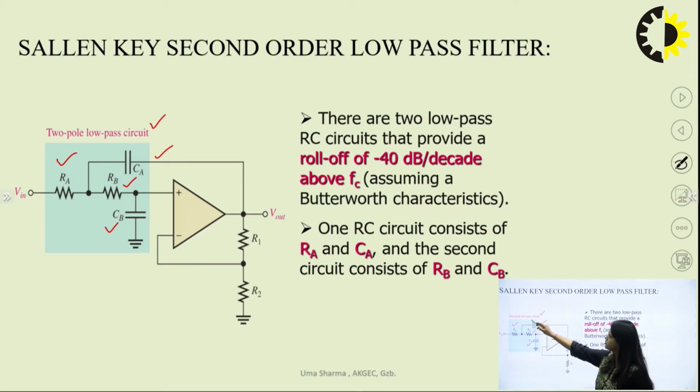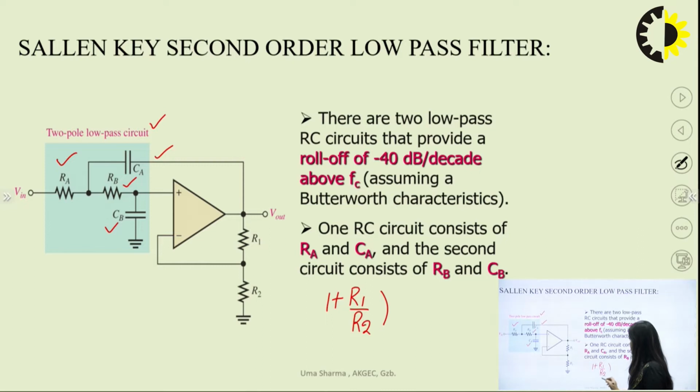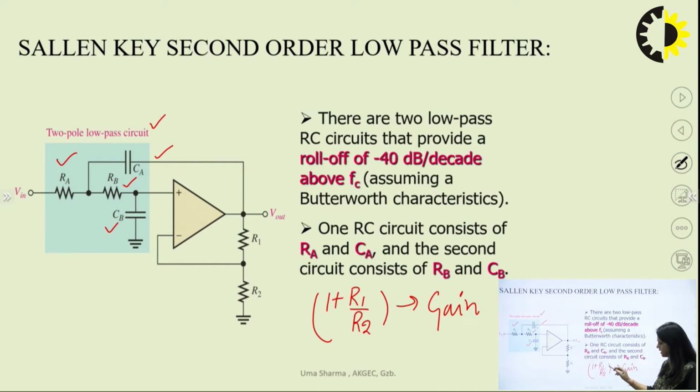Whereas the unity gain has now been replaced with the gain of 1 plus R1 by R2, because it is the non-inverting configuration of the op-amp, and you are aware that the gain of the non-inverting configuration is 1 plus RF by R1. So this filter will provide 1 plus R1 by R2 gain along with the 2-pole filter response.